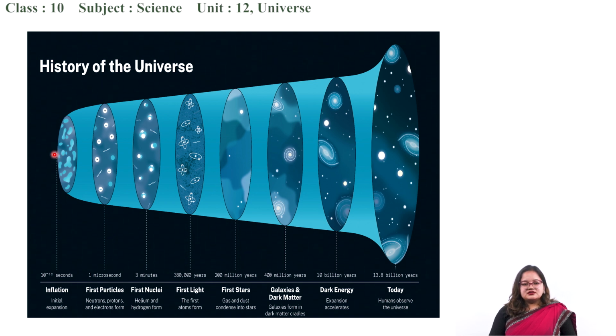The exponential expansion of this singularity point was known as inflation. It was not a gradual expansion, rather it was a rapid expansion. After that, the expansion gradually decreased, and here you can see it started to expand at a much lesser rate.